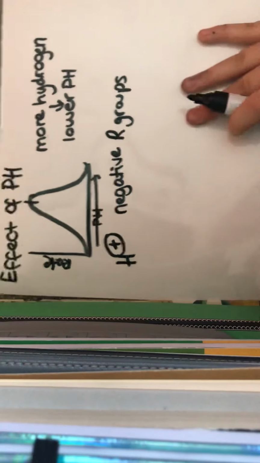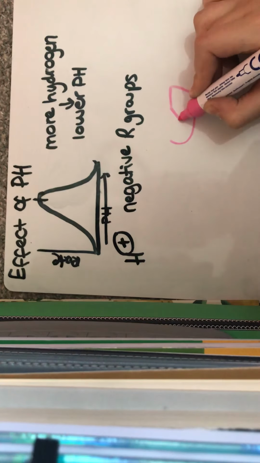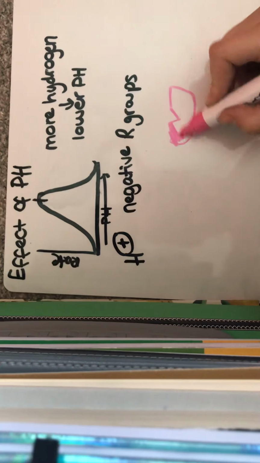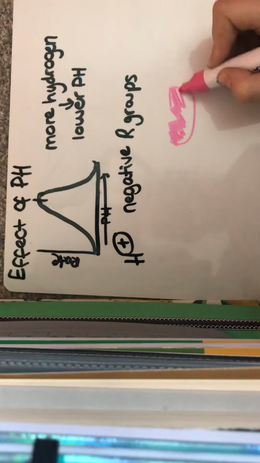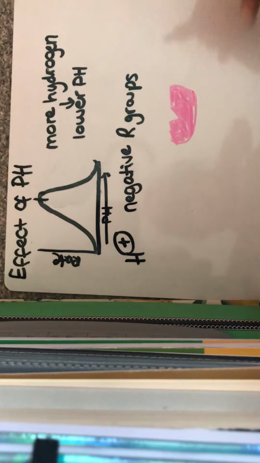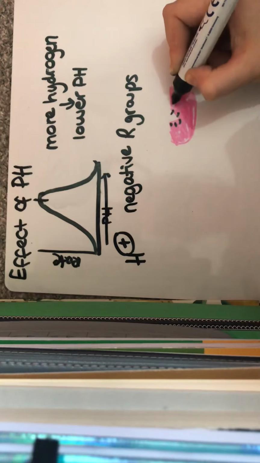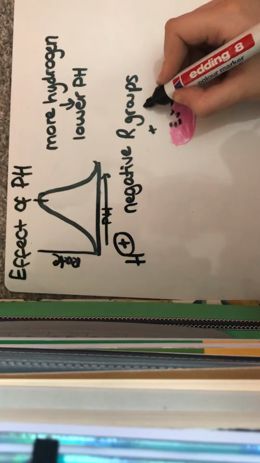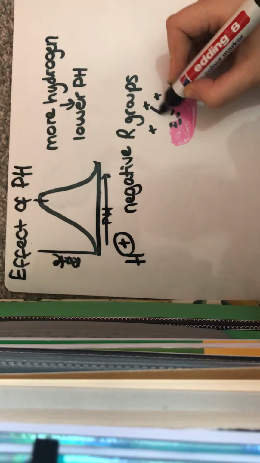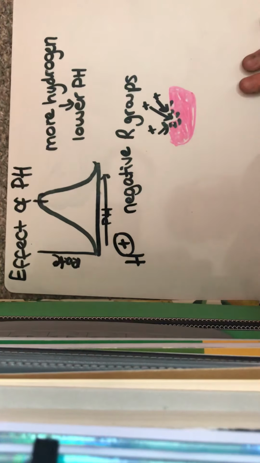So if we had the active site of our enzyme here, we're going to have lots of minus charges, and then we're going to have the positive charges of our hydrogen, and they're going to be attracted and cluster around the active site.